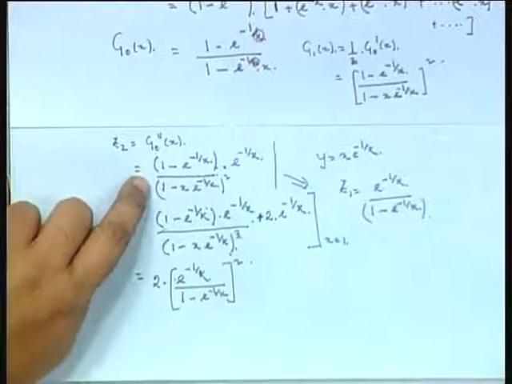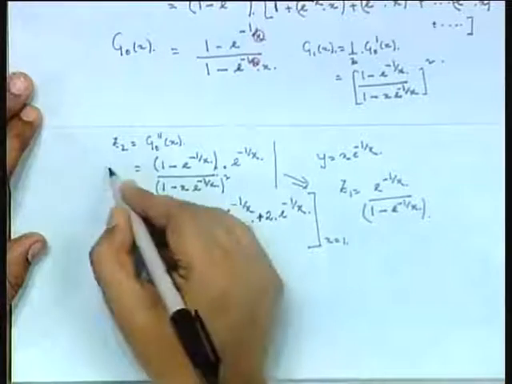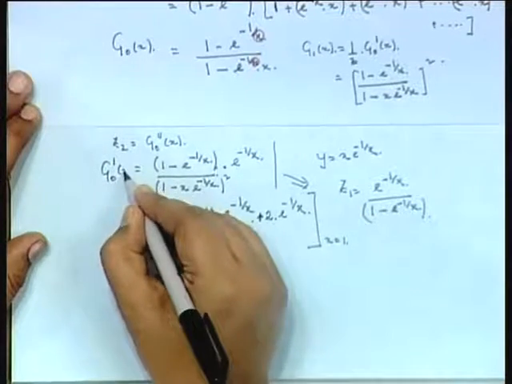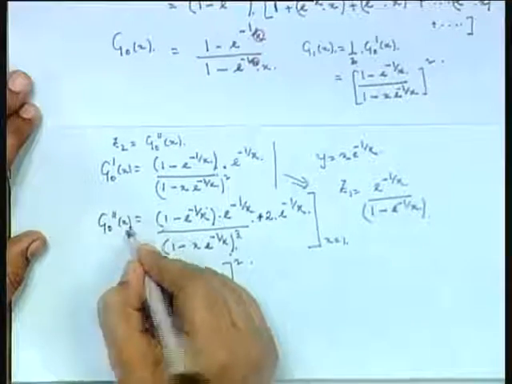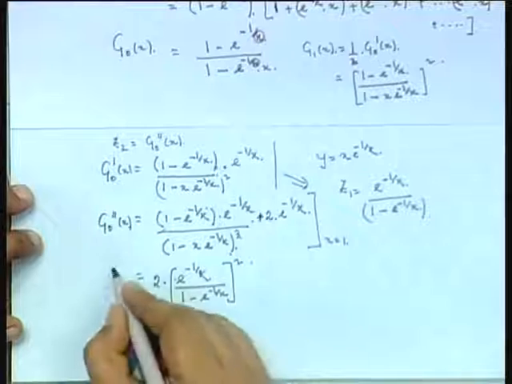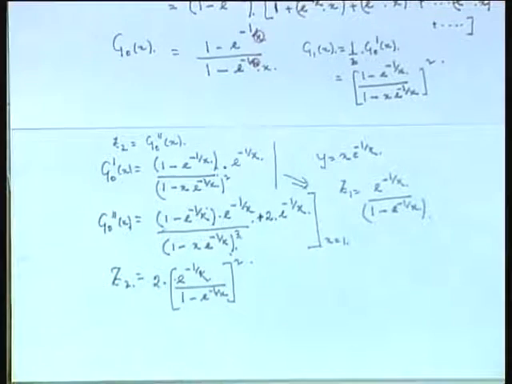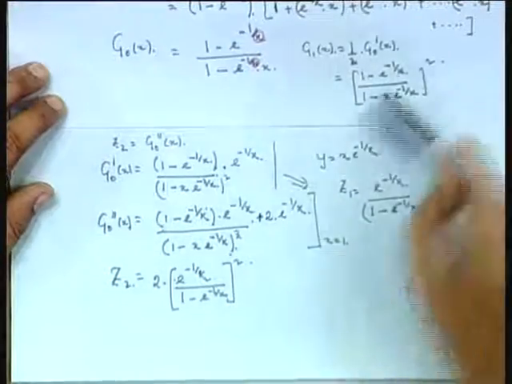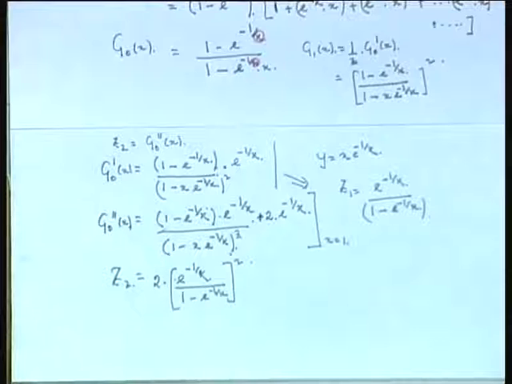Z1 comes directly from the first differentiation. I have done this z0 dash x, then from there I have done this z0 double dash x, and this gives you z2 and this gives you z1. Okay. Clear? Now, you can yourself answer this question.